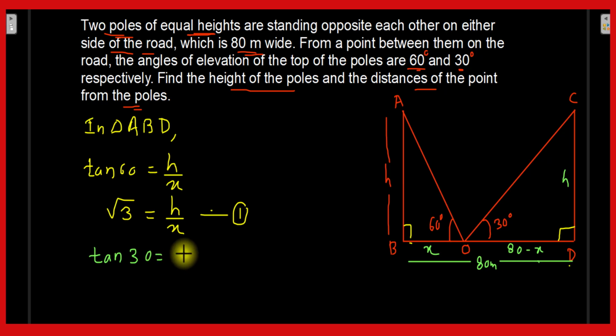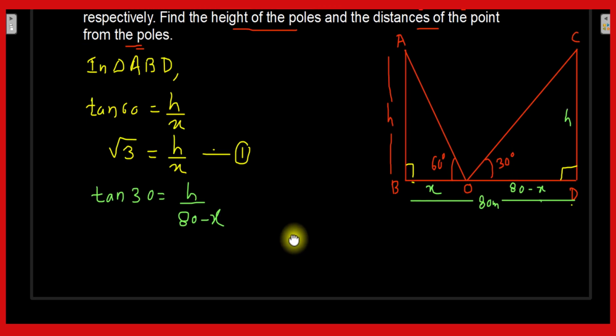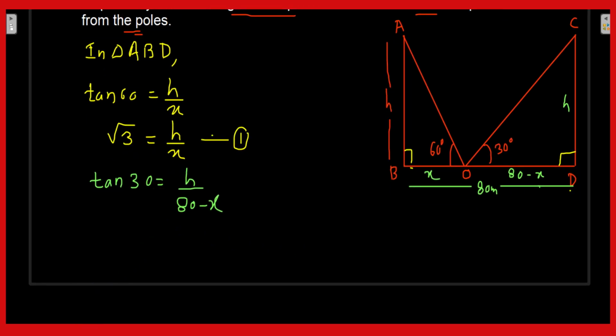This can be solved further, the value of tan 30 is 1 upon root 3. So 1 upon root 3 is equal to h upon 80 minus x. Let this be equation number 2.